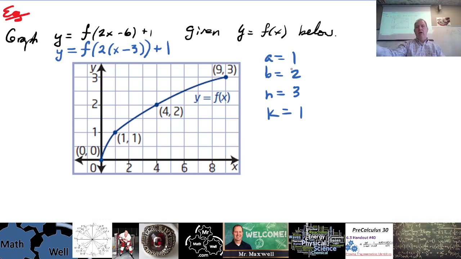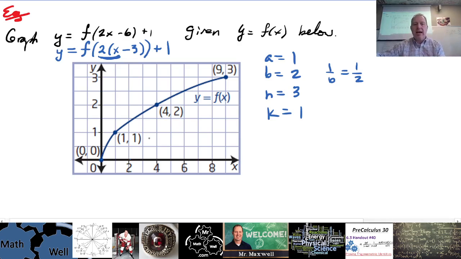B, now, remember that the horizontal stretch is what b dictates, and it stretches according to 1 over b. So if b is 2, 1 over b is 1 over 2, which means that every x value gets reduced by 1/2, and it goes towards the y-axis, that vertical y-axis.